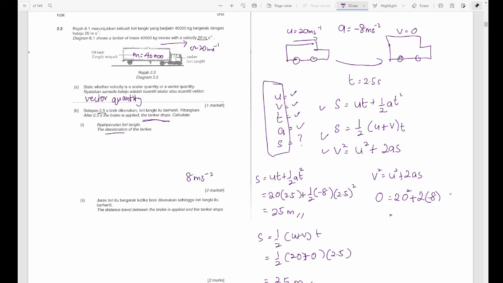You want to find the value for s. You will get 0 equals 20 square minus 16s. So let's rearrange our equation. 16s equals 20 square, 400. So s, you will get 25 meter. You can see here that by using any one of these three formulas, you can find the answer for question number 2.